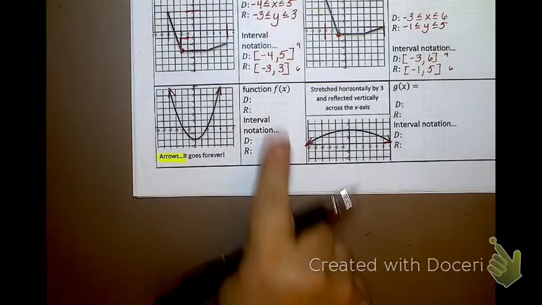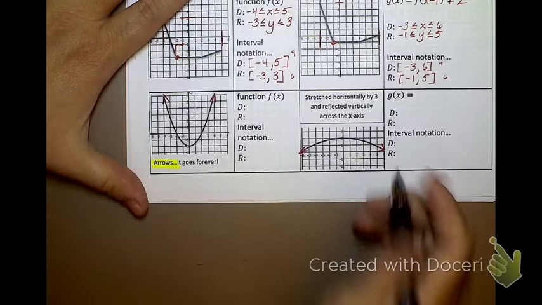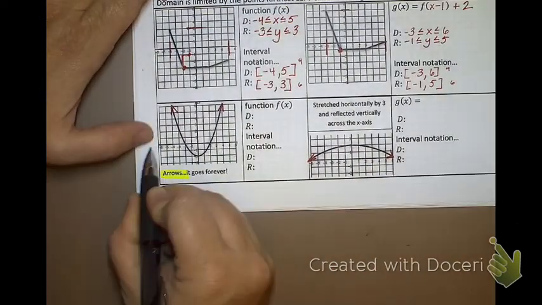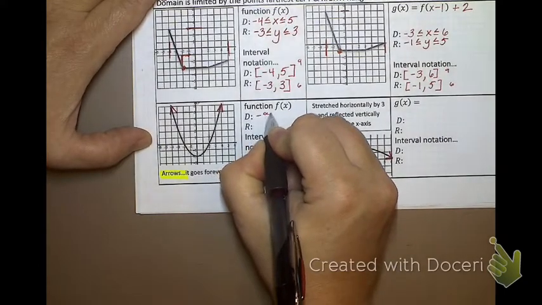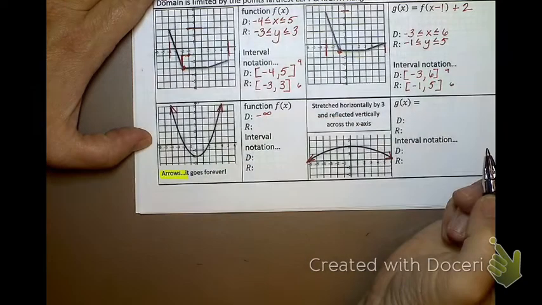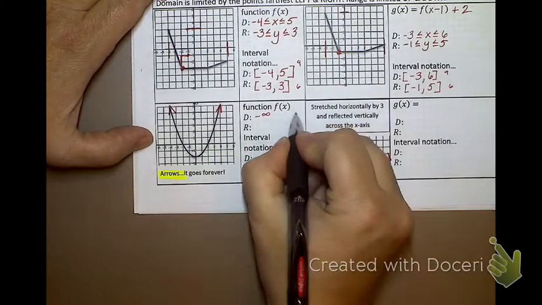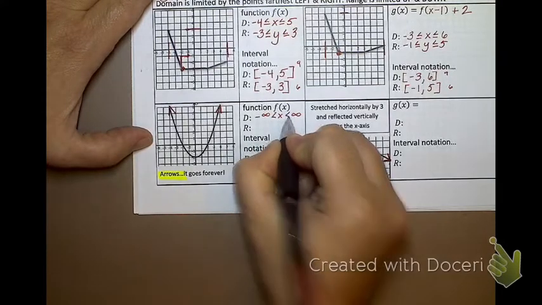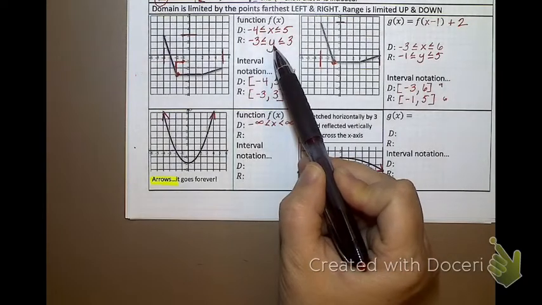So how do I express that in this inequality notation, let alone the interval notation? Well, what that means is, as far as I can think of to the left would be -infinity. And as far as I could think of to the right would be what? +infinity. So I have my inequality. The difference with infinity and -infinity, we cannot use the or equals to part of our inequality.